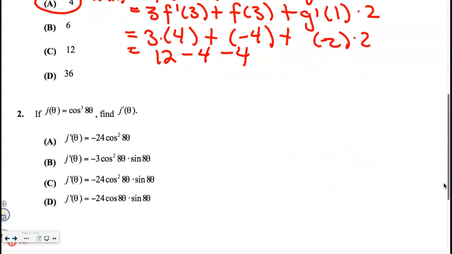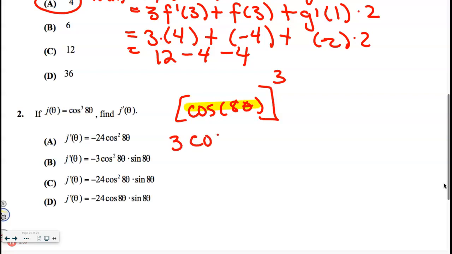The next one is a function with an independent variable of theta. We need to rewrite that so we can see that the outside function is the cubing function. So we will bring the 3 out front. We won't touch these guts. We'll go cosine of 8 theta. We'll drop the power down 1 times the derivative of the guts.